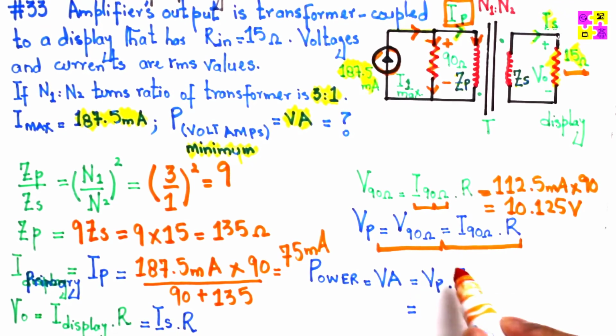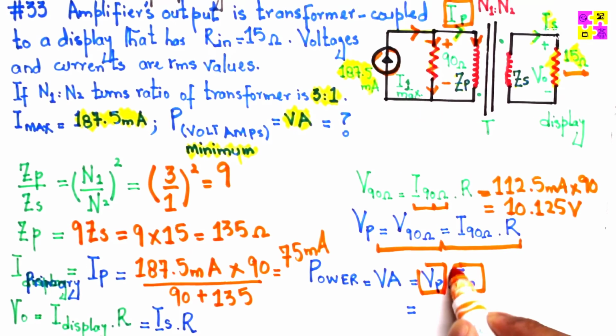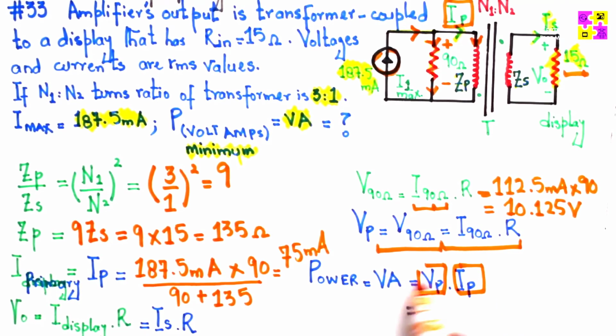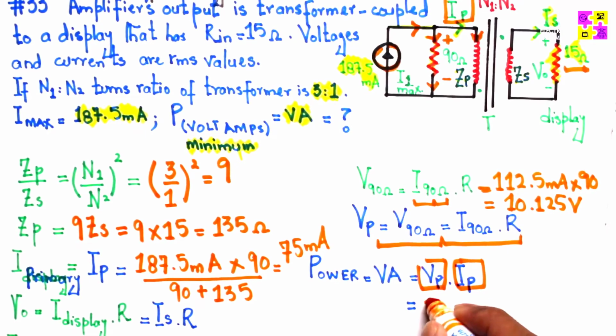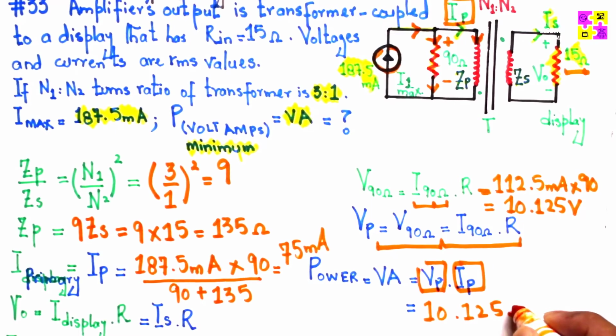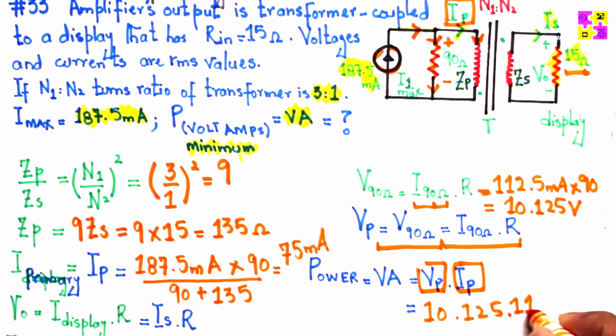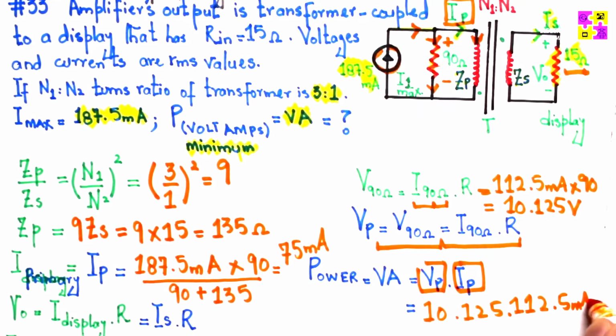Now that I have calculated VP and I have already calculated IP, I can take the product of the two to find out the minimum rating of this transformer. VP is 10.125, IP is 112.5 milliamps, and you can put it in brackets if you like.